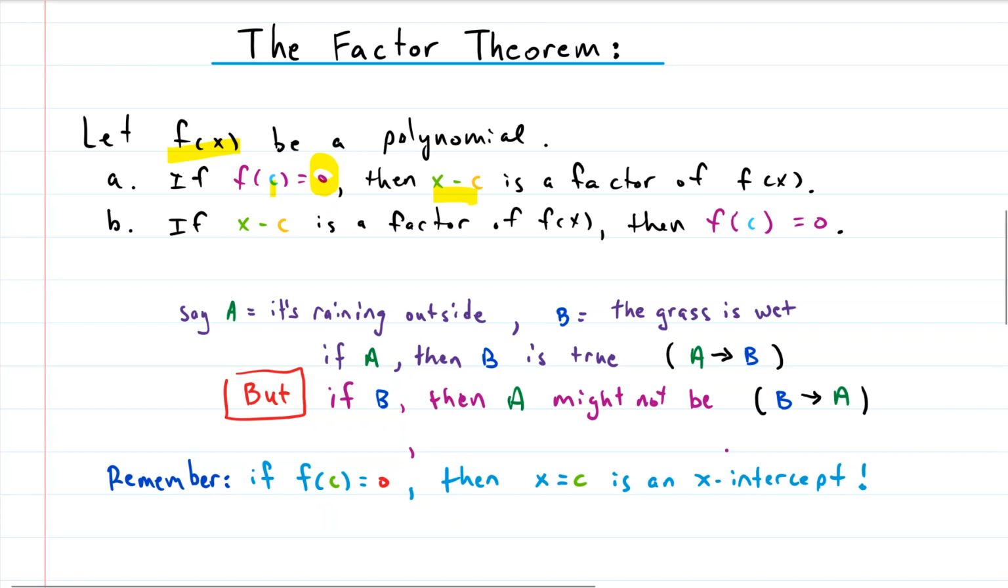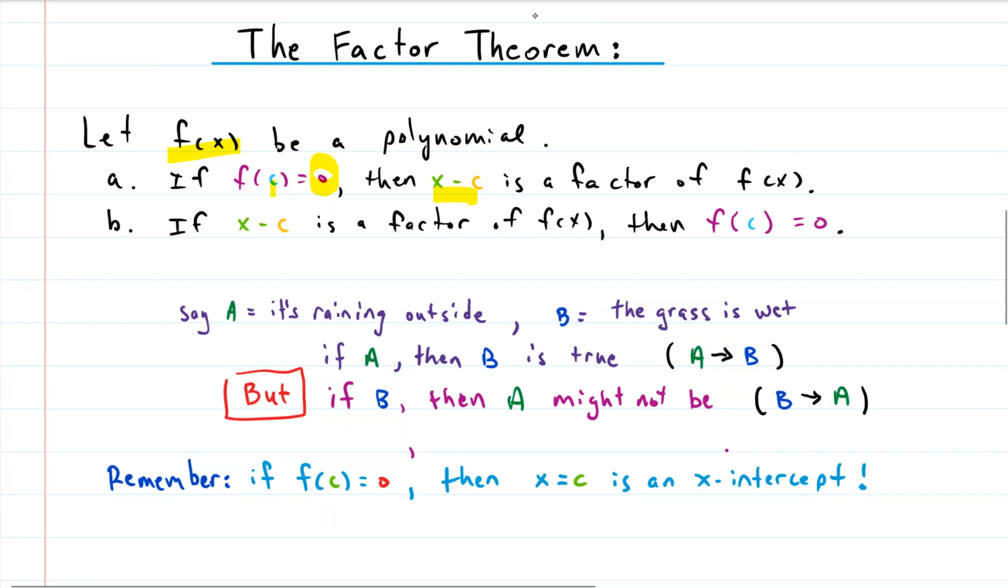We're guaranteed. If f of c equals 0, say c equals 5, and we plug 5 into our function and we get 0 out, then x minus 5 we know is a factor of f, meaning we could factor it out if we were trying to factor that polynomial.